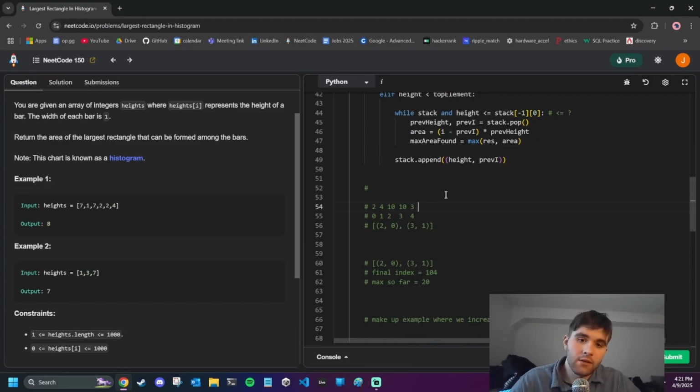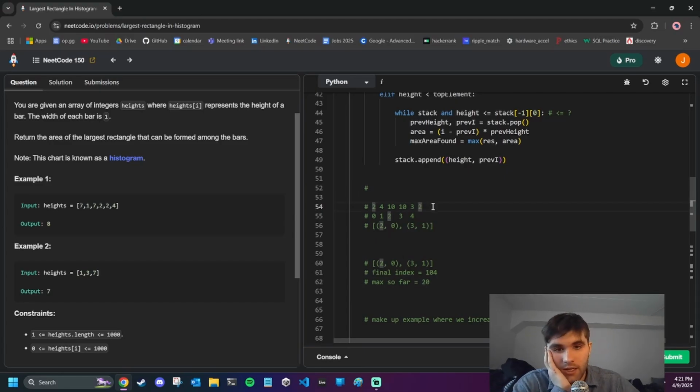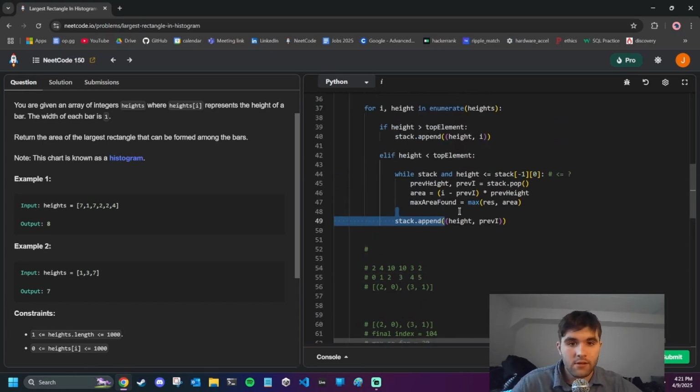So now if we had 2, if we found 2 again, then our index would be 5. Okay, so we'd add this, then we'd go back up, and we'd say that the height 2 is less than, okay, top element also has to be updated.